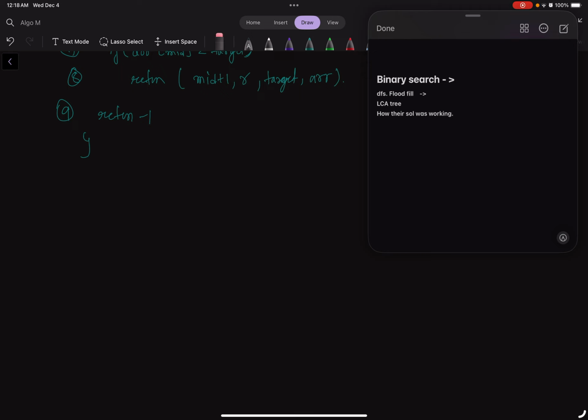In flood fill, actually I was thinking about the DFS solution mainly, I believe. Yeah, and in the DFS solution, no, I guess flood fill is fine, no need to think about it. LCA tree, was there anything to think about? Yeah, the return statement thing was the only thing to think about.